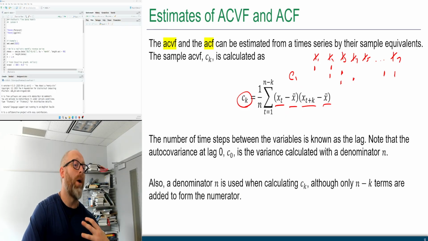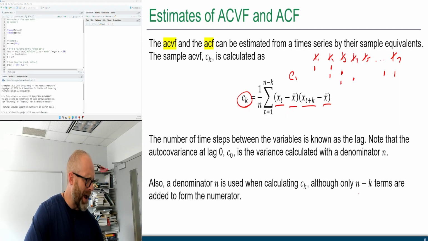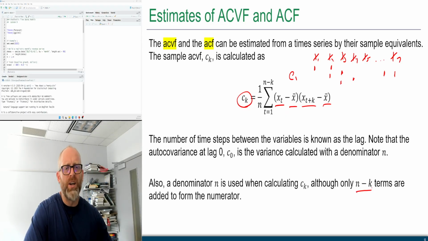This could be thought of as problematic, but in reality it's not going to be that much of an issue. There are other functions where we're not specifically dividing by n, but we make this work in the next calculation. So how many calculations are we actually dealing with? It depends on the lag. n minus k is the number of terms on the top, but we're always dividing by n.